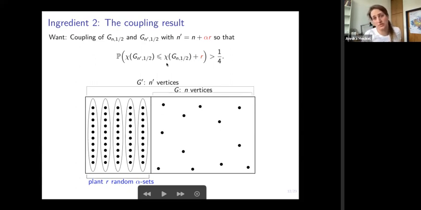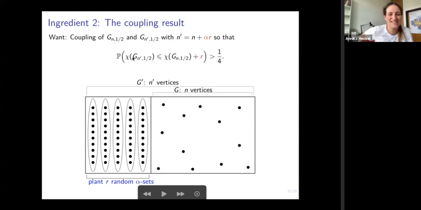Because then automatically the chromatic number of the outer random graph is at most the chromatic number of the inner random graph plus r. Because if we start with a coloring of the inner random graph, and you give each of these sets their own color, then that gives you a coloring of the whole random graph.